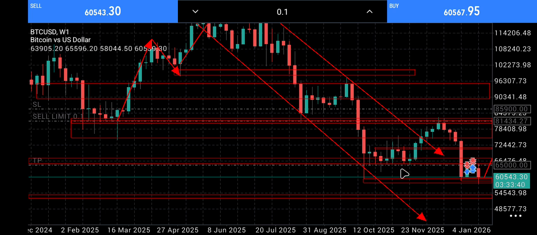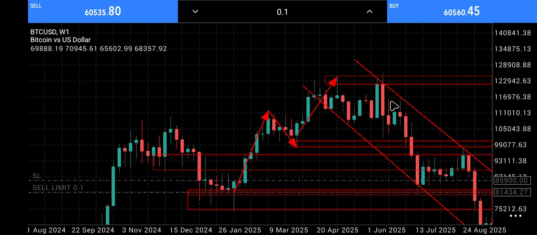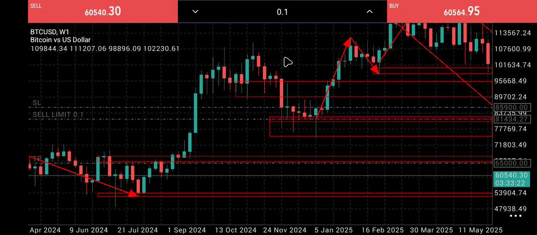Let me show you an engulfing candle, guys, somewhere here. Yeah, this candle is an engulfing candle.